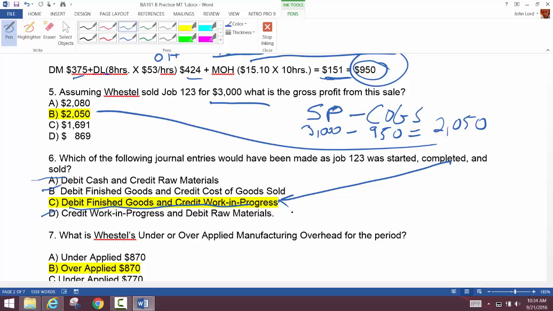Actual and applied relate just to manufacturing overhead. I'm taking all of these costs out of my work in progress. That's a credit to my work in progress account right here. I'm taking this out of work in progress and sending it to finished goods. What do I call that number? Cost of goods manufactured.